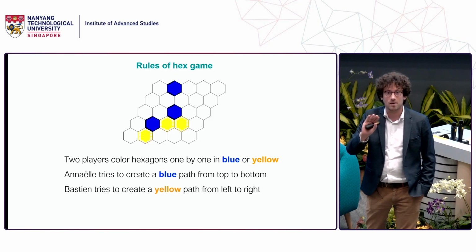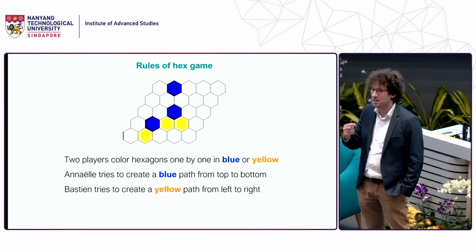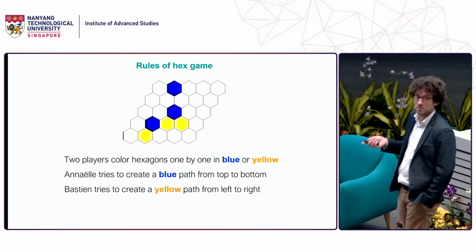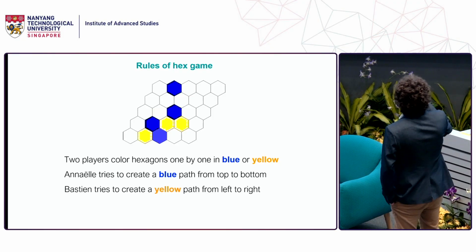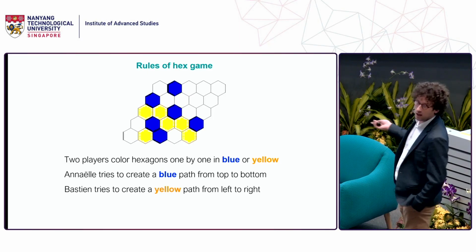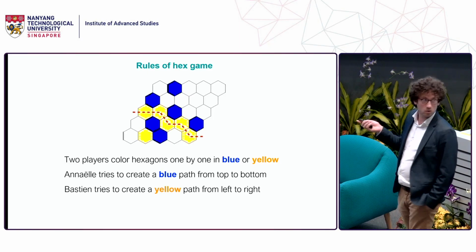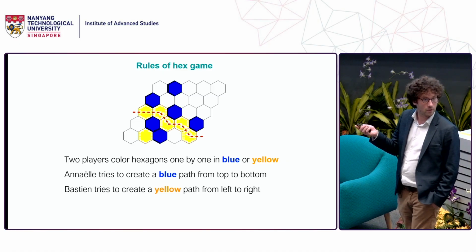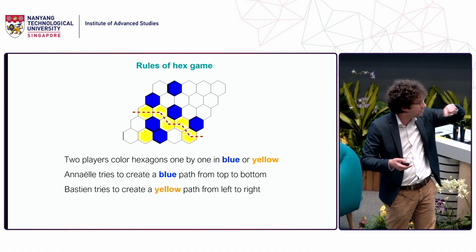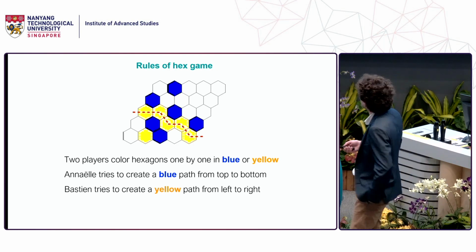And this is a very, very bad tactic. So it's very funny, the intuition is completely wrong from step 0. So you play like that, and let's say you arrive, for instance, at this stage, and there what happens is that Bastien won, right? He created a path. It doesn't have to be a directed path. You can do whatever you want, but it's a connected path from left to right.